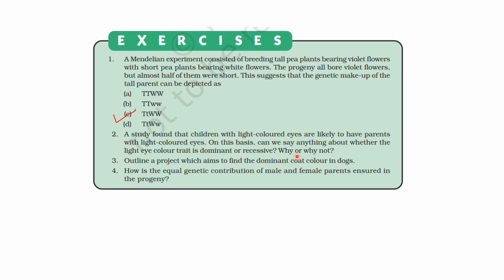Now, last question, fourth one. It says, how is the equal genetic contribution of male and female parents ensured in the progeny? So it is ensured by the process of gamete formation and fertilization, right? So gamete formation, male and female parents, they produce haploid gametes, okay?